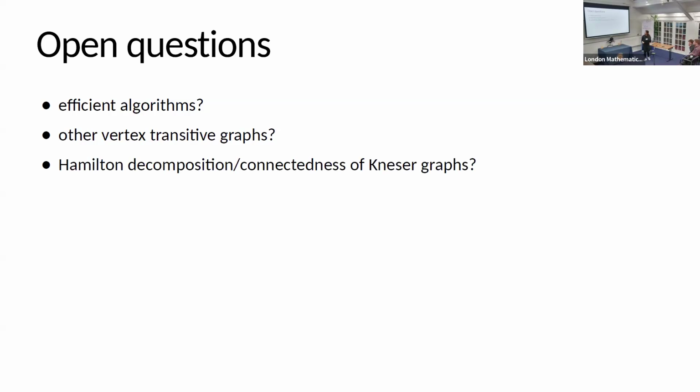The second research area could be Hamiltonian decomposition, where for a graph we need to find edge disjoint Hamiltonian cycles. For Kneser graphs, we do not even know whether there are two edge disjoint Hamiltonian cycles. So proving even that result first would be a big deal. That's all about it.